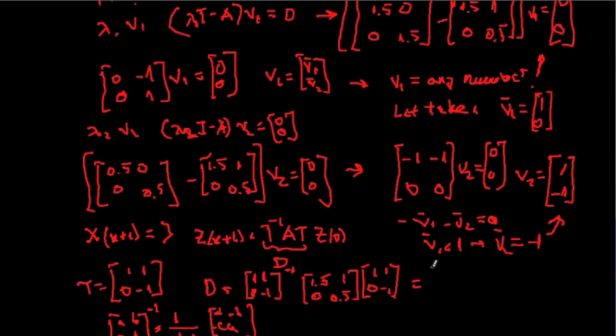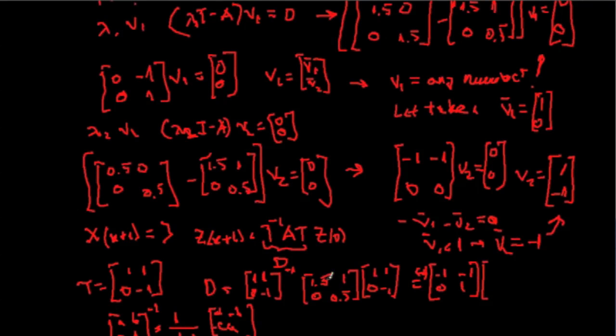In other words, we will get the following. We will get a minus 1, that is from the determinant, and we will have minus 1, minus 1, 0, 1.